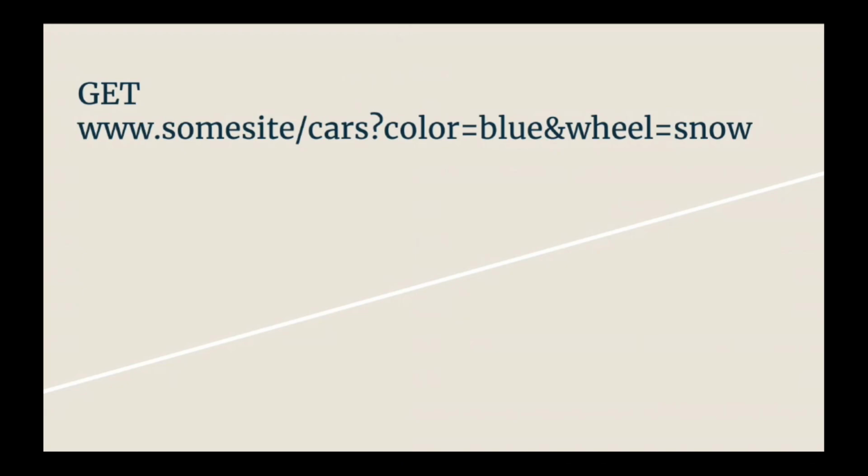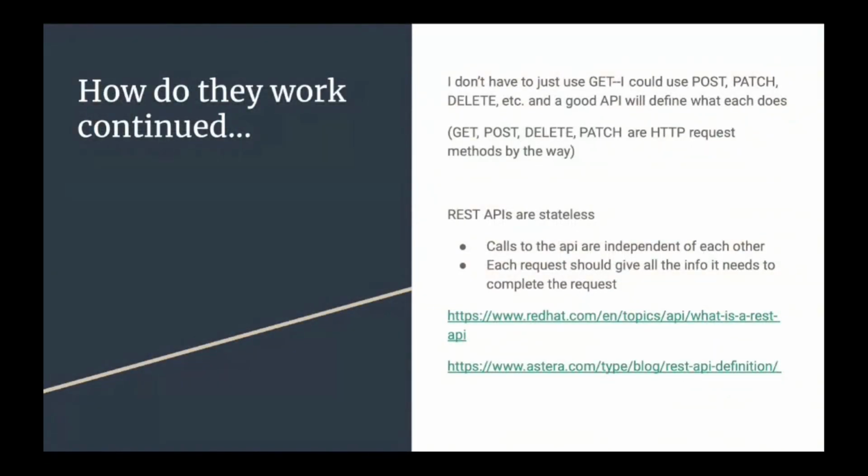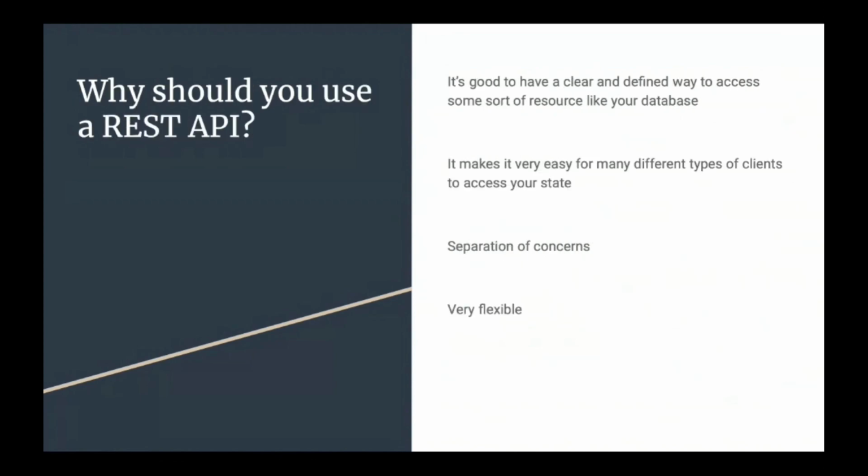If this was the URL, and say that we completely forgot about my original example that was just color equals blue, then if I only included color equals blue and I didn't include wheel equals snow, then I'm going to get some sort of error from the REST API. So basically what this is saying is that all requests should give the information that it needs to completely request, or else I'm going to get an error.